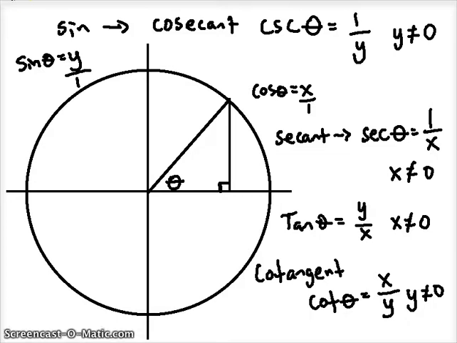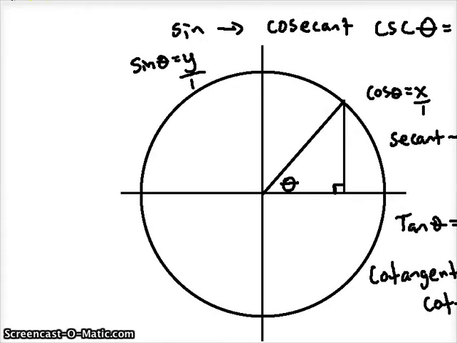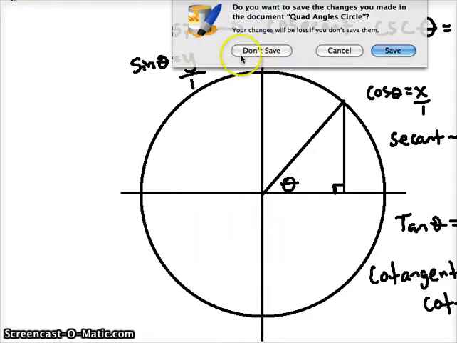One more thing we have to talk about is working our way around the circle. What we just defined is everything in this first quadrant where our x values are positive and our y values are positive. Things start to get a little bit different as we move into the second quadrant and the third quadrant and the fourth quadrant. So let's do that next.